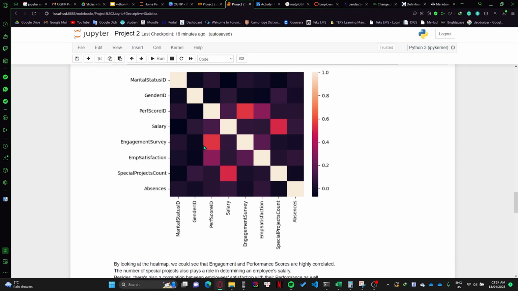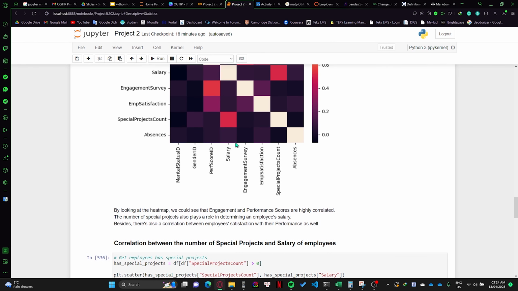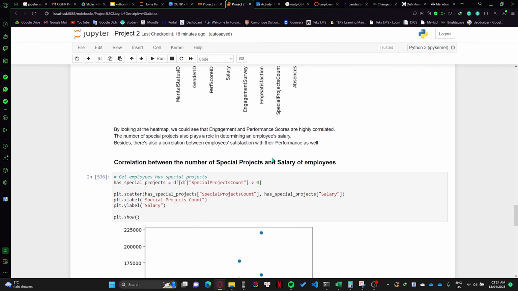Later on, I will plot a graph between these two features. There is also another correlation: the number of special projects, which is here, also plays a role in determining the salary of an employee. And besides that, there is also a slight correlation between employee satisfaction and the performance as well. So let's look at the plots of these correlations.